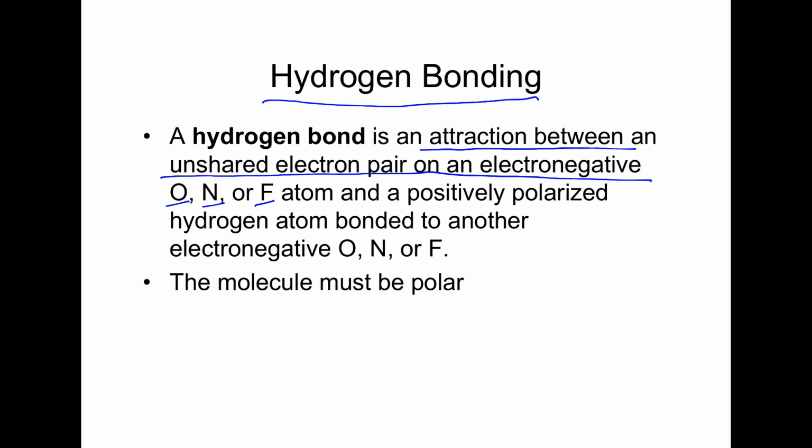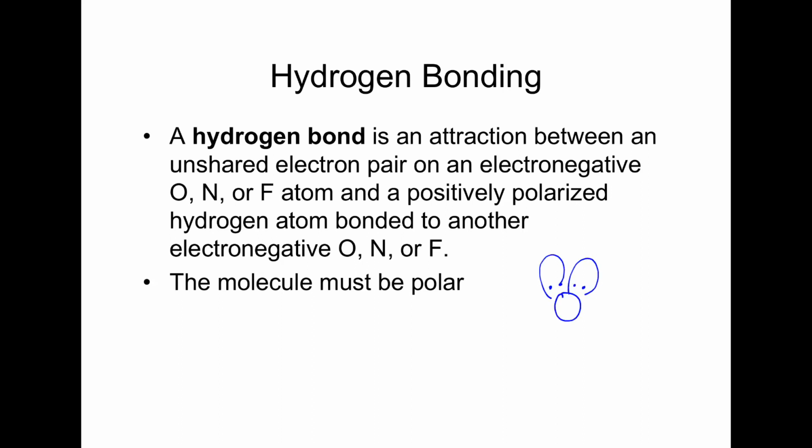And then the molecule also has to have a positive hydrogen bonded to that oxygen, nitrogen, or fluorine. Now that might seem like extremely rigid type requirements for hydrogen bonding, but we have some molecules that we've seen a lot that meet these requirements. And the big one is water.